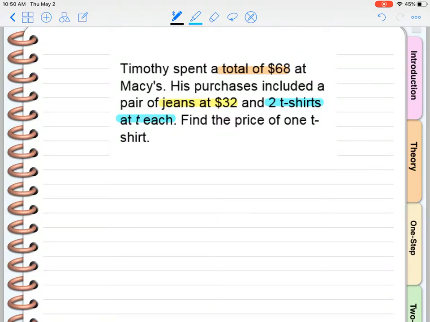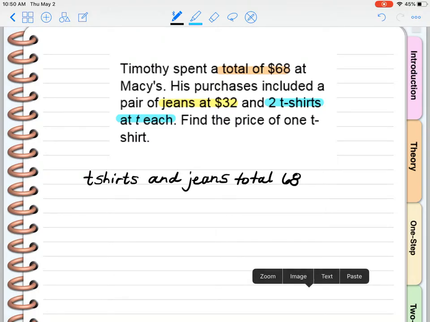So in this problem, we know that he goes to Macy's, that he buys t-shirts and a pair of jeans, and that the total was $68.